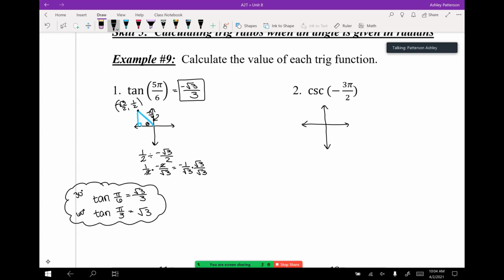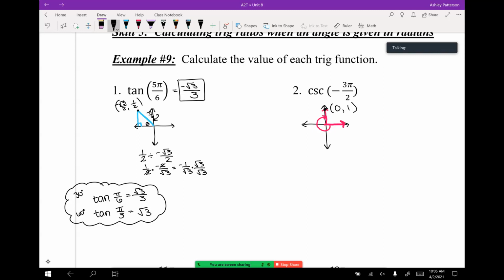Why? Because 90 degrees is pi over 2. So drawing my rotation, starting on that positive x-axis, I'm going to go down pi over 2, 2 pi over 2, boom, 3 pi over 2. We are on the positive y-axis at the coordinate 0, 1.